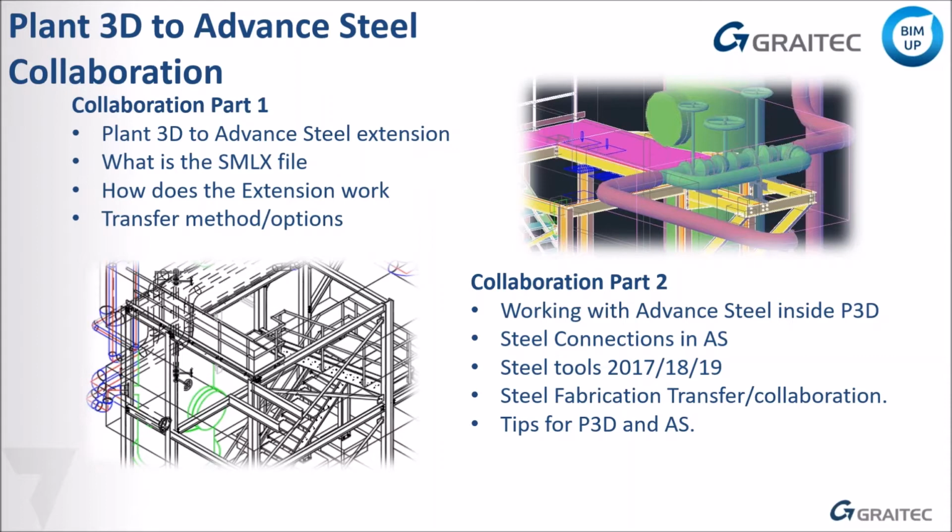So today we're going to take a look at that, and look at some of the background behind how what's called the SMLX file, which is basically a transfer file, is used. We're also going to look at the use of object enablers between the two platforms to enable you to work collaboratively across those interfaces, and my personal take on how I would configure and set up a plant project to include Advanced Steel.